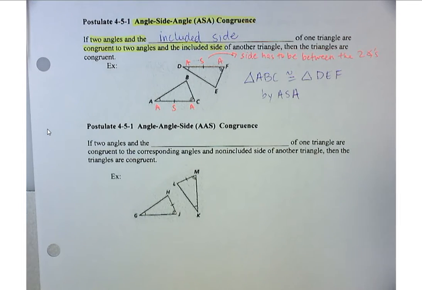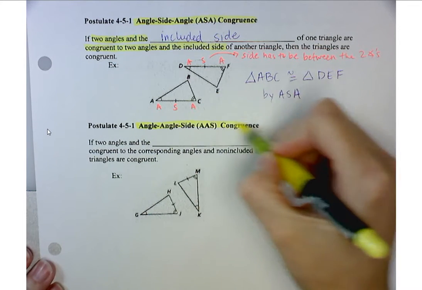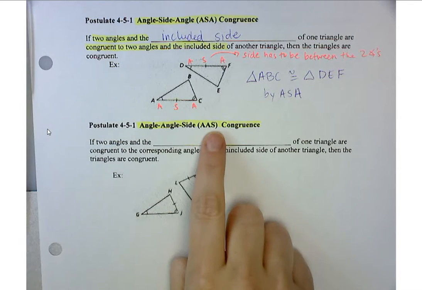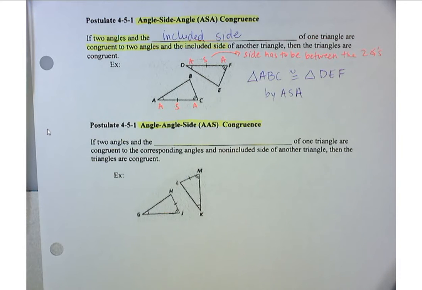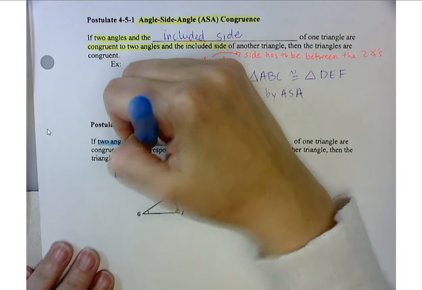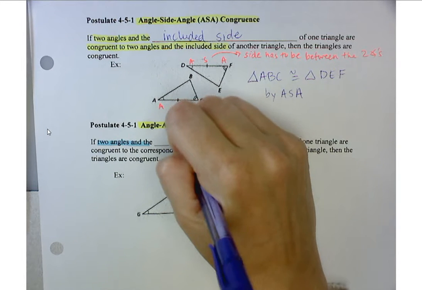All right, and then aside from angle side angle, we now have angle angle side. So notice the placement of the S, how it's after the two angles. So this is going to happen when you have two angles and the non-included side. So this is going to be the non-included side. So it's not in between them.